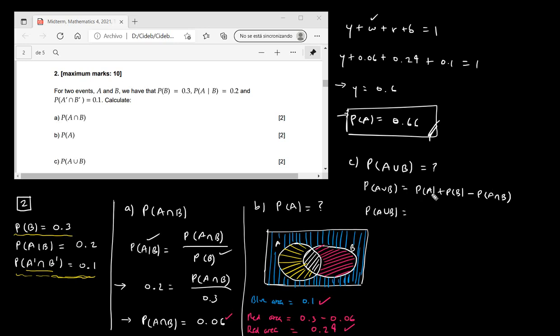Actually, if you just put the values here and don't even do any arithmetic, that's correct. I don't care about the arithmetic, but just for completion, this should be 0.9. Am I right? Yes, 0.9.